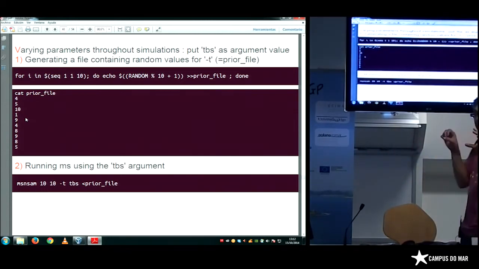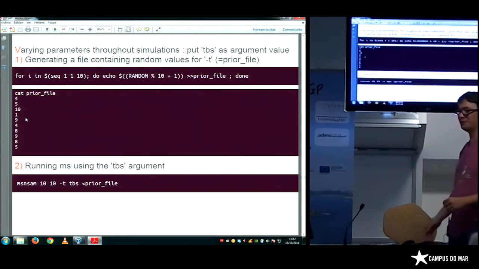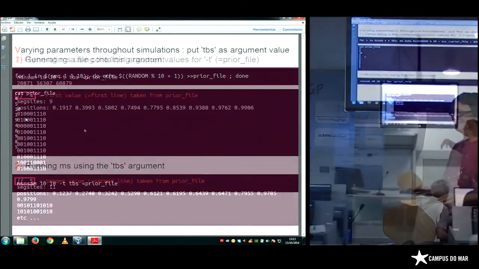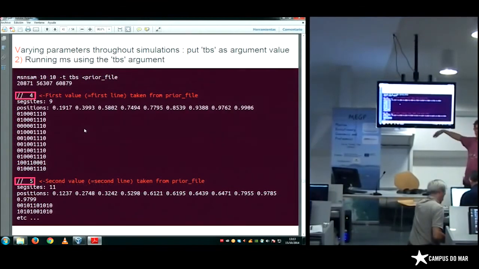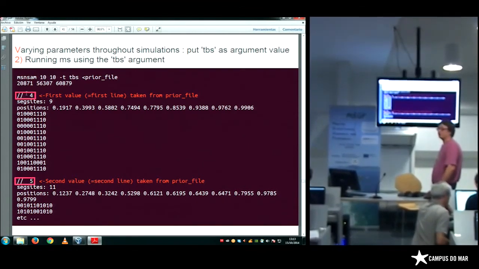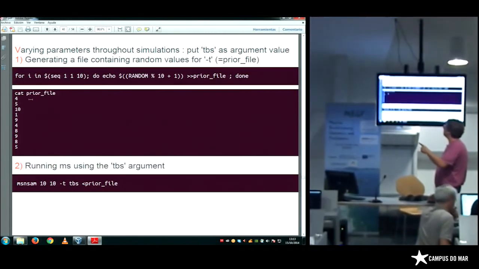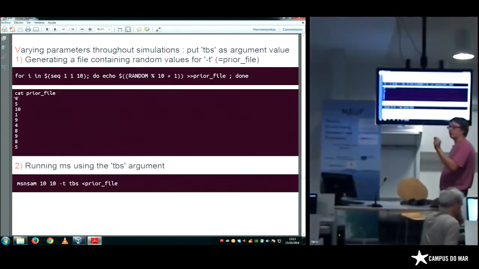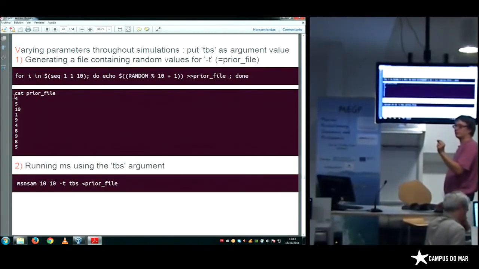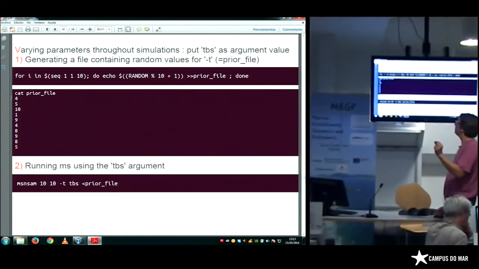So here it's the way of doing it by hand. You don't want to do it by hand. So this is what you expect to obtain, 10 simulations. The first simulation is with the first value of theta, 4. In my case, 4 was the first value sampled in the uniform distribution.